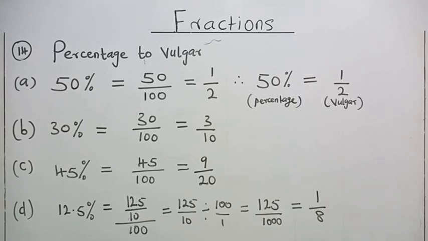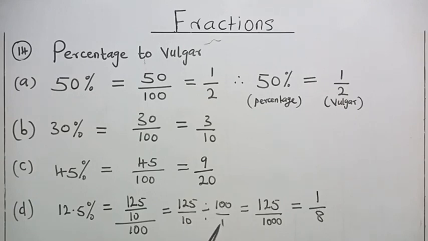That having been said, let us also recall that this percent means over 100. So this 12.5 is the same as 125 over 10. I just hope you recall why it should be so. Then percent means over 100. Now, if you interpret this expression, it means 125 over 10 divided by 100.